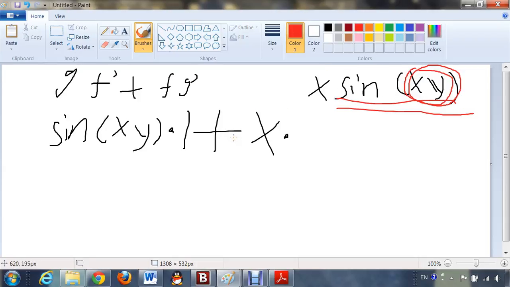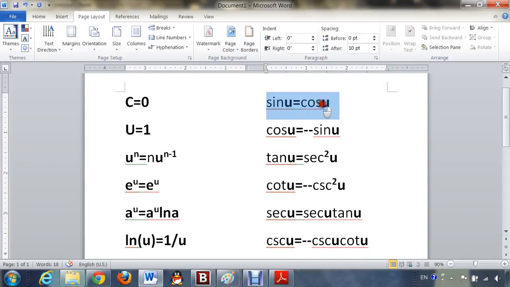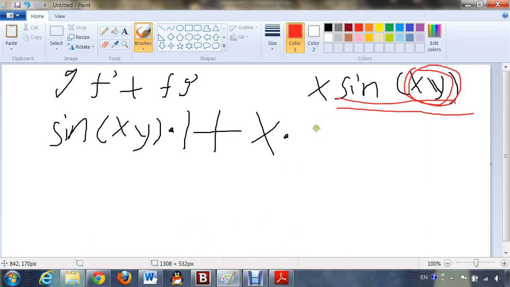Looking at the chart, the derivative of the sine of something is the cosine of something, so you multiply by the cosine of xy. And no negative sign here because this function is sine, not a trig function that starts with a c.